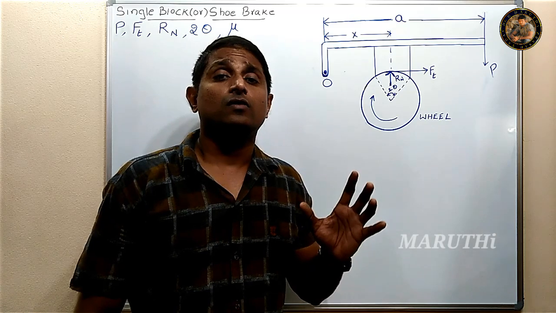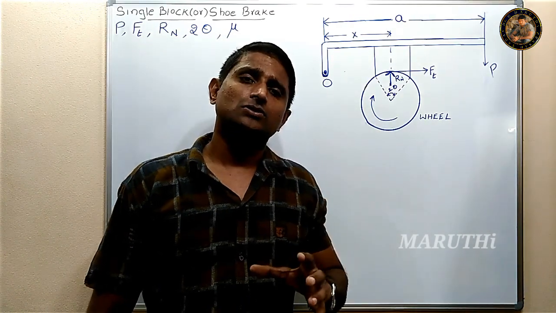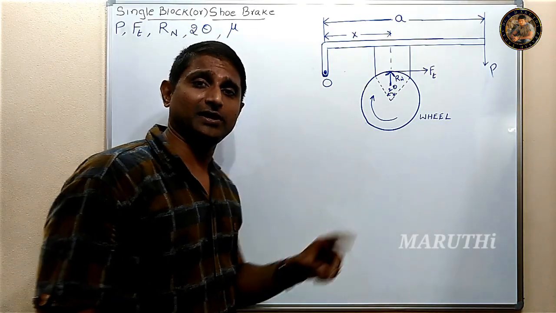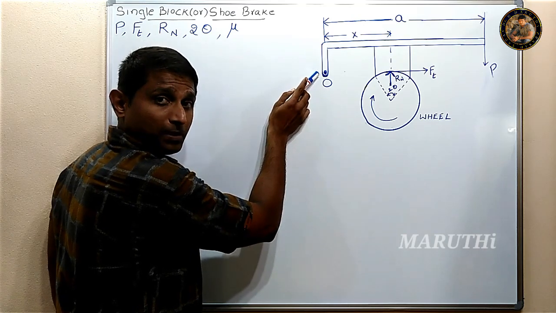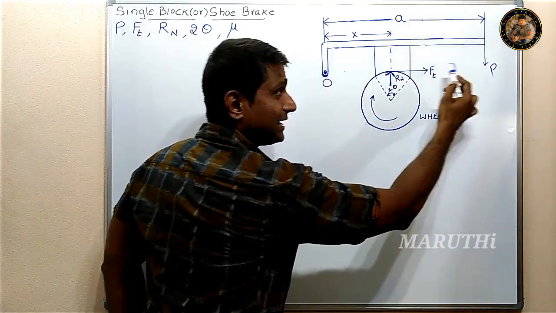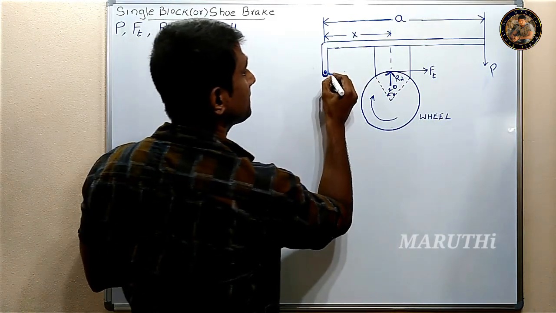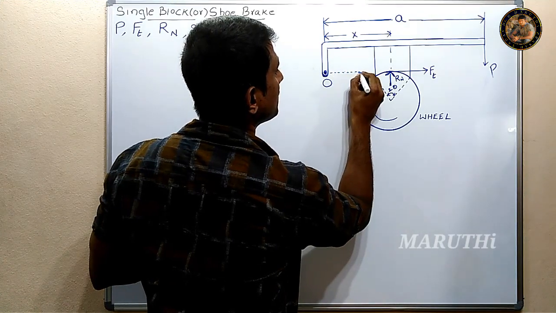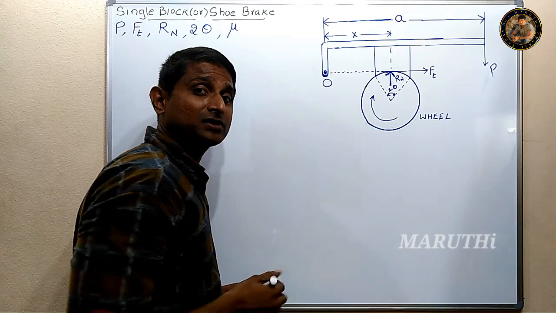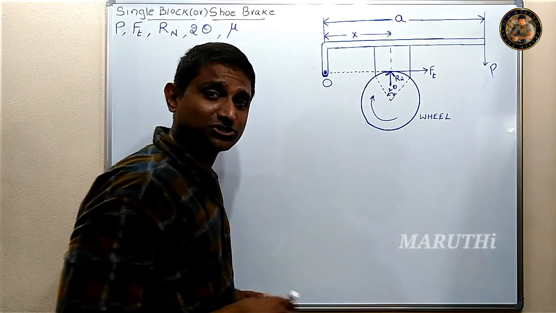Now, we have to consider 3 cases to find the total braking time. What are those 3 cases? If you observe carefully, this is the pivoted point or fulcrum of the lever, and this is the line of action of the frictional force. If you observe carefully, that line of action of friction force is passing through the fulcrum of the lever, the point O. So that is case 1.